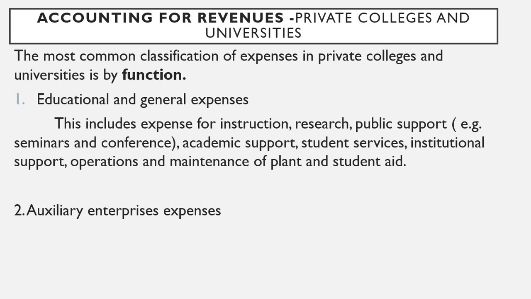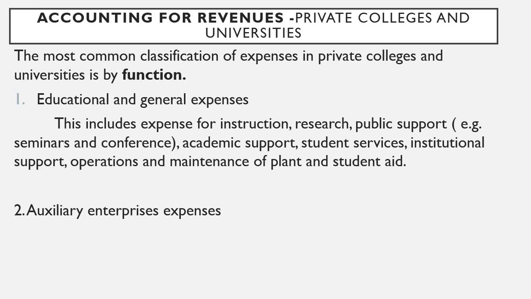So the most common classification of expenses in private colleges and universities is by function. So educational and general expenses. Our expense functions would be educational and general expenses and auxiliary enterprises expenses.